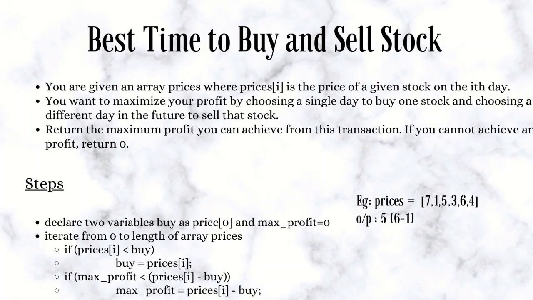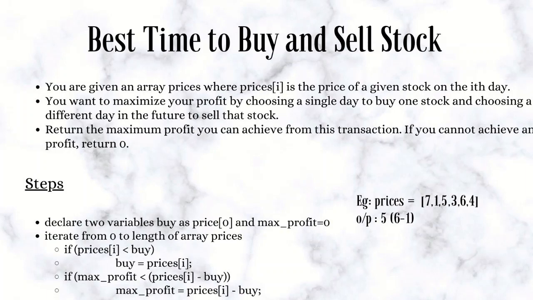When we are buying, the price of the stock should be very low, and when we are selling, the price should be high. So we have to find the highest and the lowest elements in an array. And we should always remember that we have to buy before we sell.